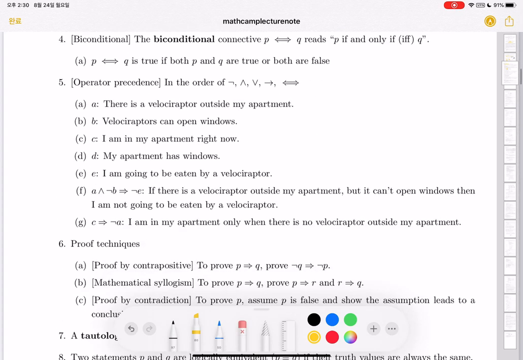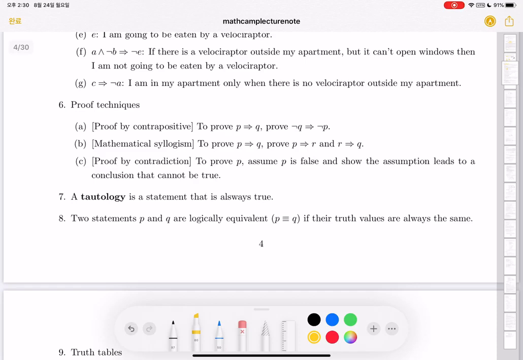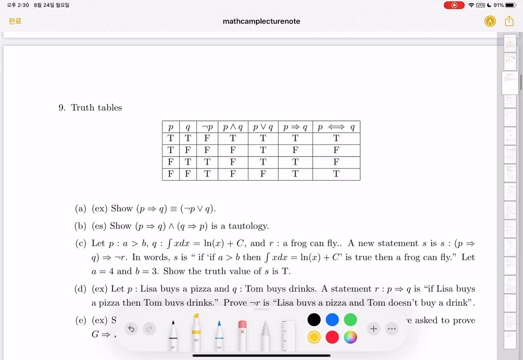And later you are going to see the truth table. So for this implication to be true, you have to have either both P and Q true, or Q true and P false, or P false and Q false.